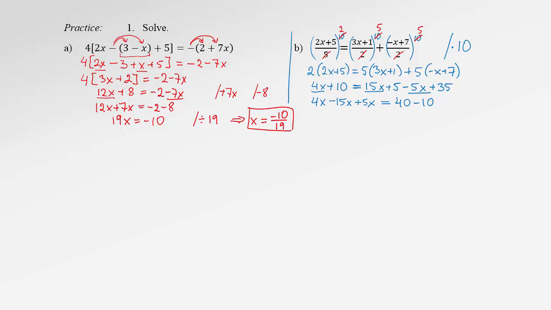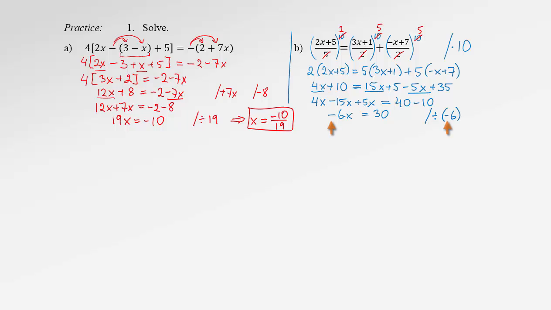Okay, now we're ready to collect like terms again. So we have 5 minus 15 is negative 10 plus 4 is negative 6x. And over there we have 30. And the last step would be to get rid of the leading coefficient. So we are dividing, because we are changing this multiplication into the inverse operation, which is division, but we're still dividing by negative 6.